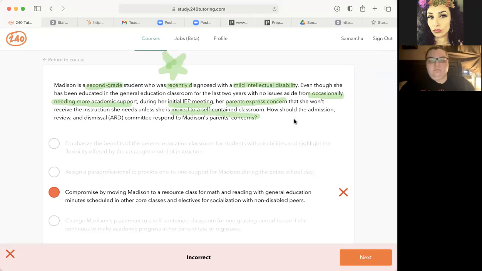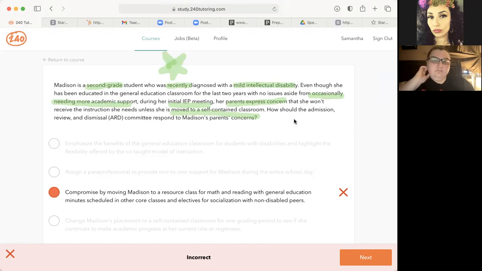We don't want to throw you in a self-contained classroom if you can fare and grow socially amongst your peers. We certainly want to opt for the situation where you are thriving in the general ed population, right? It's possible that you might need more.